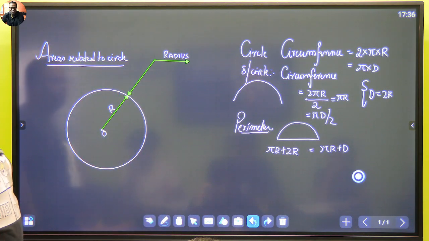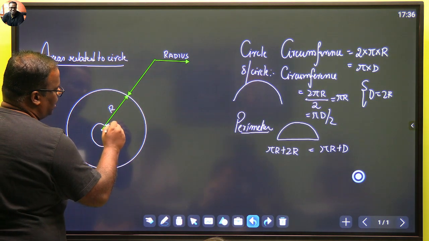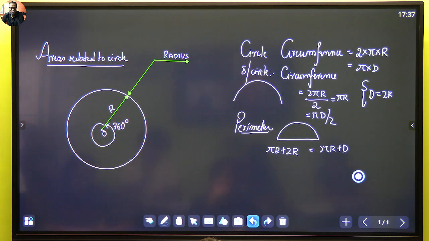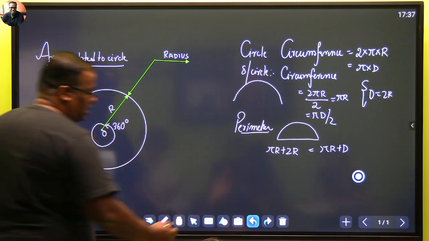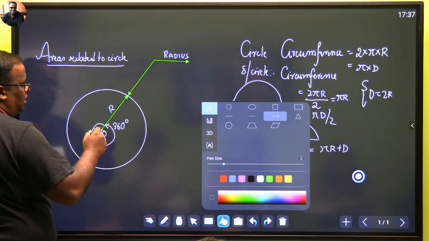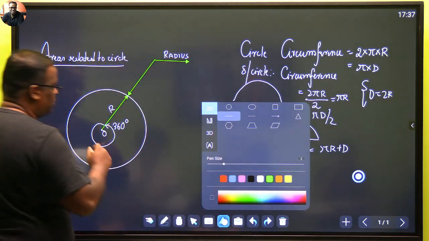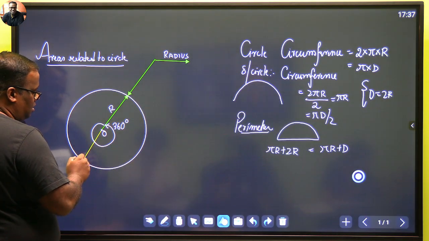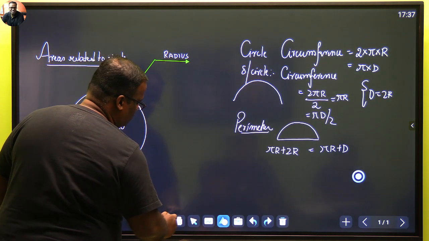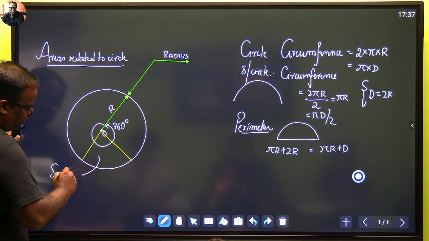So that's about circle. The angle that you subtend at the center of a circle is 360 degrees. And if I take 2 radii and map out a sector, these 2 radii are going to give me one slice of a pizza, and that slice of pizza is known as a sector.